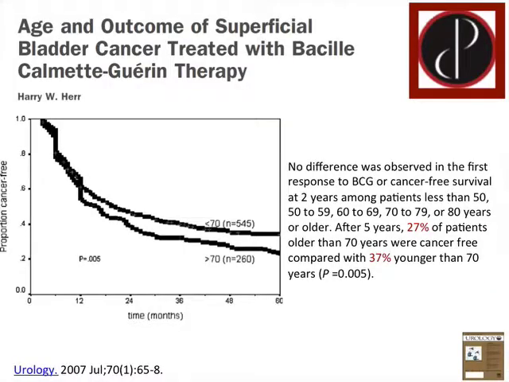Another single-author paper by Dr. Harry Herr looked at age and the outcome of BCG treatment. He found no difference after 2 years in cancer-free survival, but after 5 years, he realized that there is a difference between the group of less than 70 and more than 70 in response to BCG.